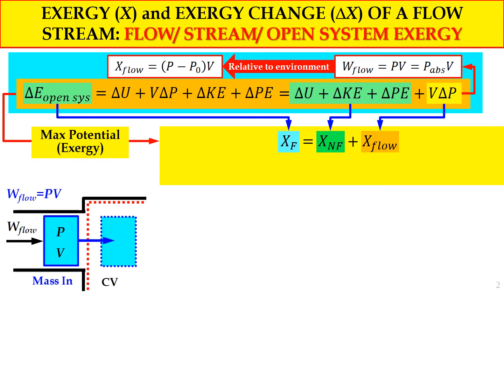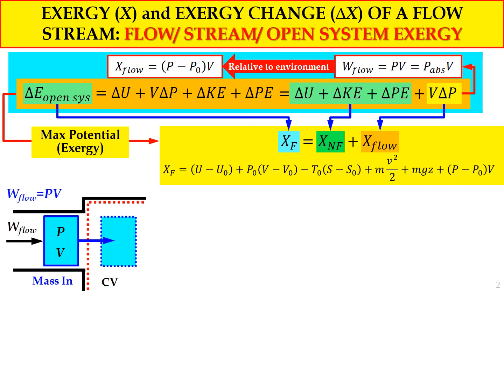Okay, so if we elaborate this equation, we can get the equation for XF, exergy for the open system, where we have U minus U naught plus P naught multiplied by V minus V naught, the volume difference, minus T naught multiplied by S minus S naught, the entropy difference, plus the term for kinetic energy and also the term for potential energy.